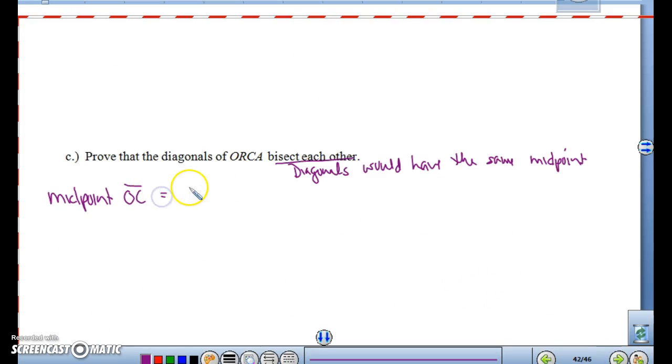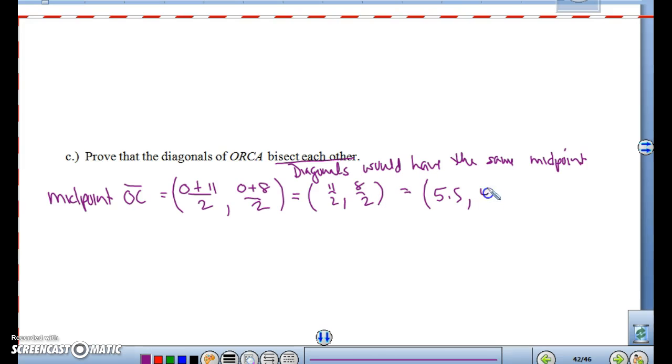So the x's add up to 0 plus 11 divided by 2 for the x, and then 0 plus 8 divided by 2 for the y. So this is going to give me 11 over 2 and 8 over 2, which is 5.5 and 4. So the midpoint of OC is at (5.5, 4).